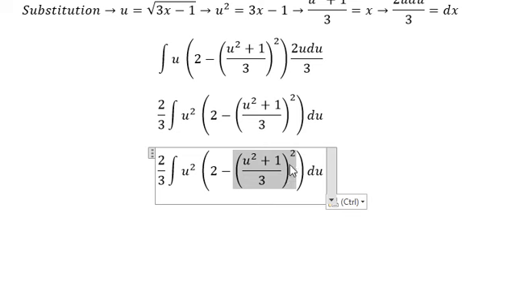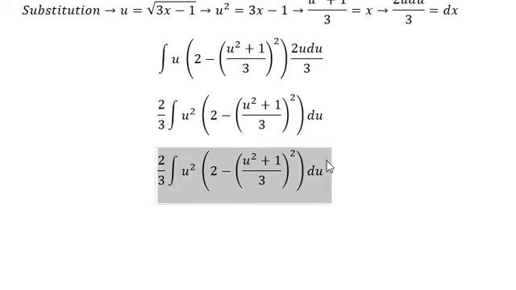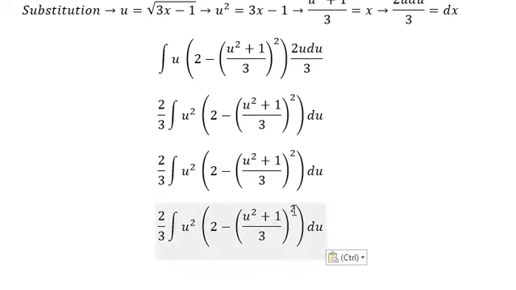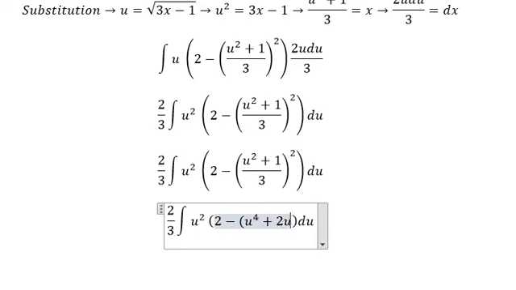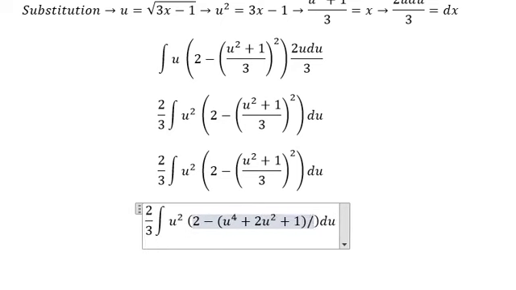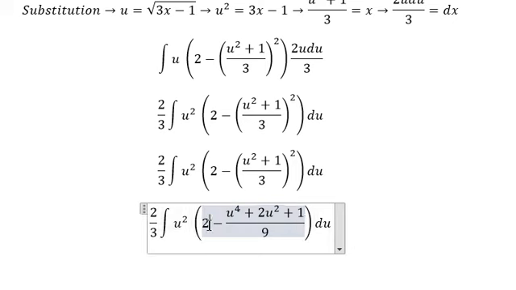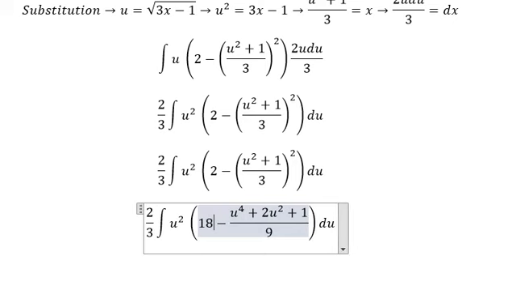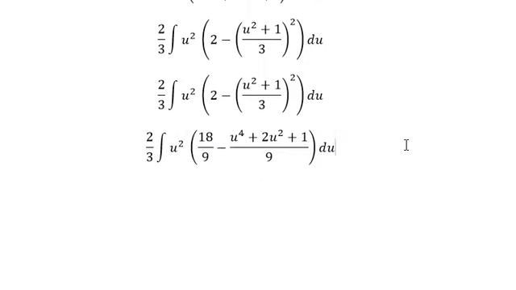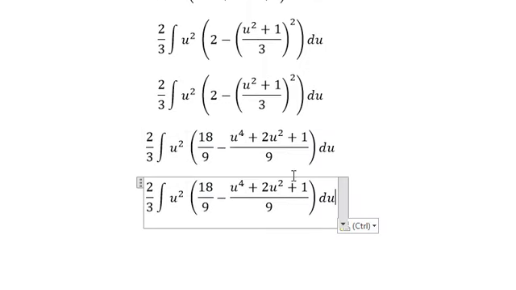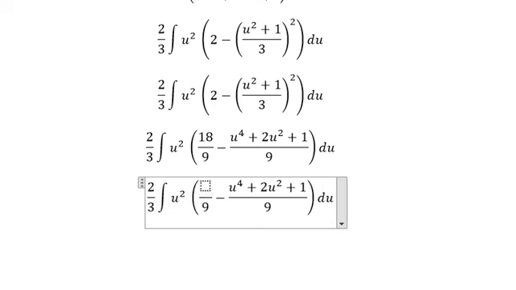Next, we need to expand this one. Number 2 we change for 18 over 9. Minus 1 you got 17. And we change the sign of this one.